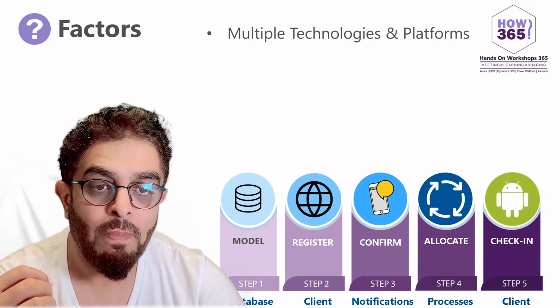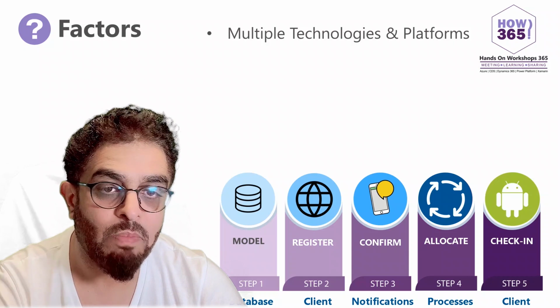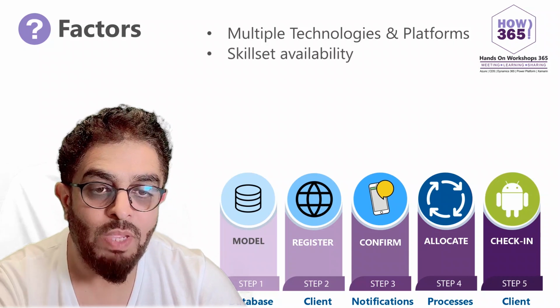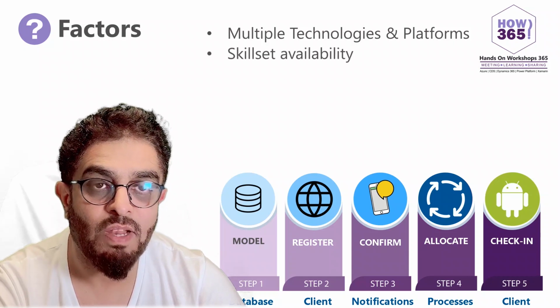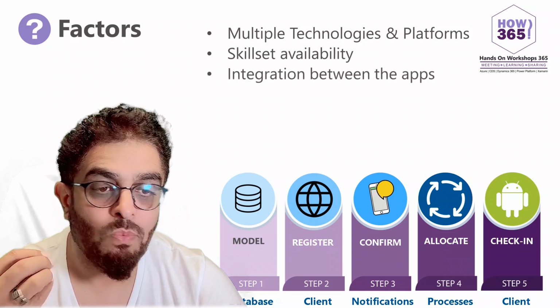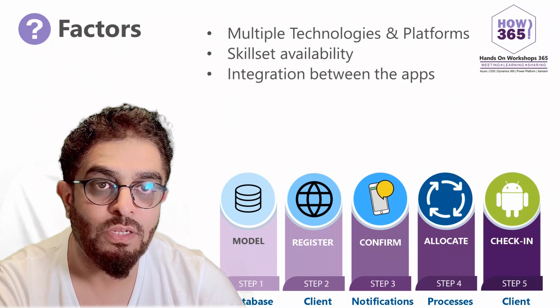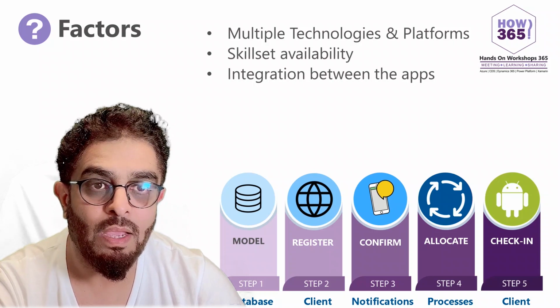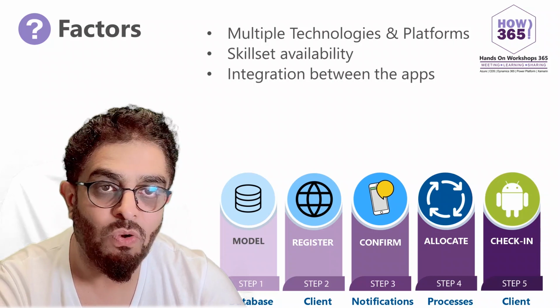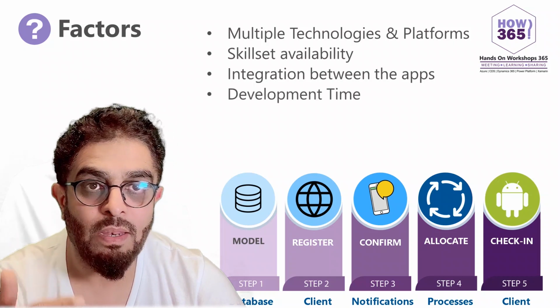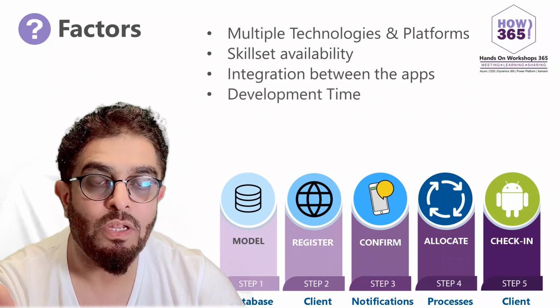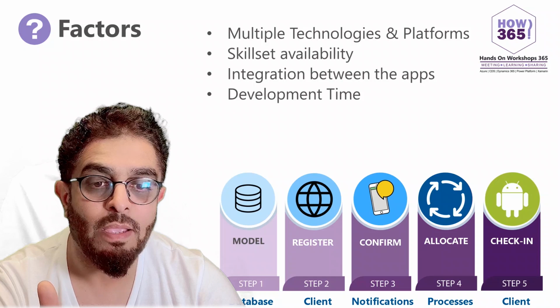So I guess the factors that we've got to take into account with the traditional approach is that it's multiple technologies and multiple platforms, and do we have the skill set available for us to develop this solution? We also need to have integration between the various parts of the application, from the capturing of the registration information to sending out the notifications. And then, to provide this solution, how much time would it take?